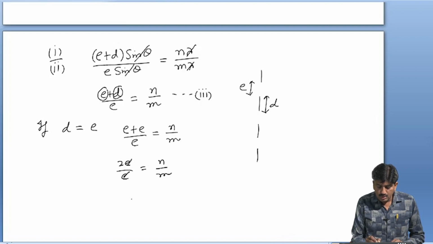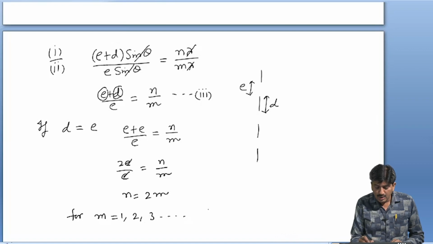E cancels out, and n equals twice m. It means for m equal to 1, 2, 3, first, second, third order, n becomes 2, 4, 6.